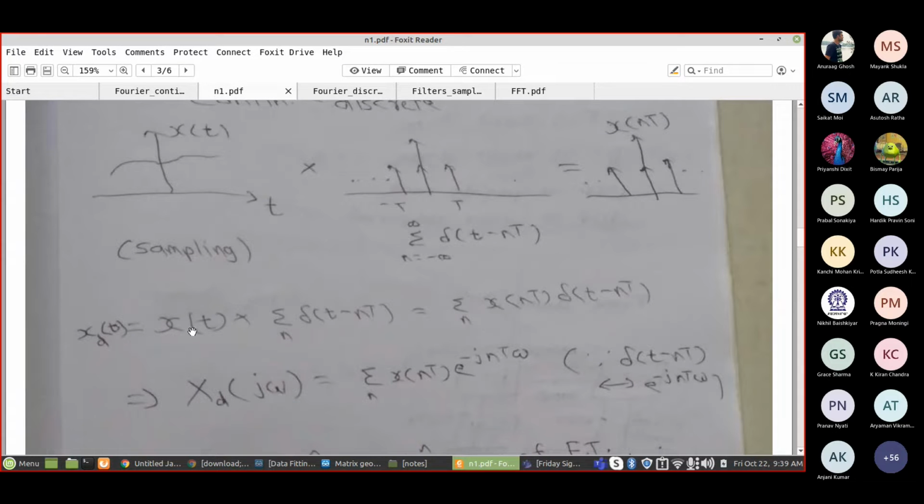Now let's also use the multiplication convolution property of the continuous time Fourier transform to get another interpretation of this Fourier transform.